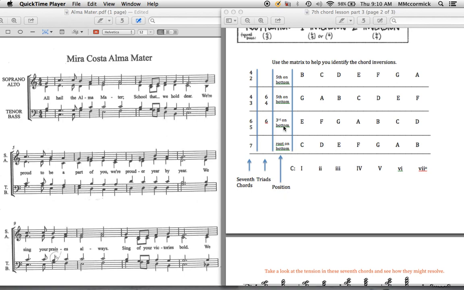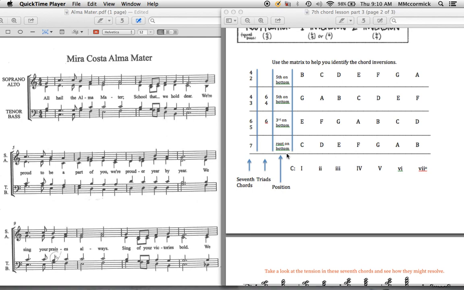Here you can see I've indicated the position. So oftentimes you're going to be analyzing a chord and it's not going to be in root position. And so you need to, one, find out what notes are in the chord so you can figure out what Roman numeral it's going to be. But then you also need to look at the chord and see what is the bottommost note.